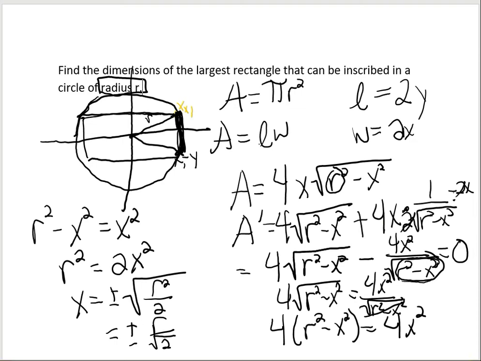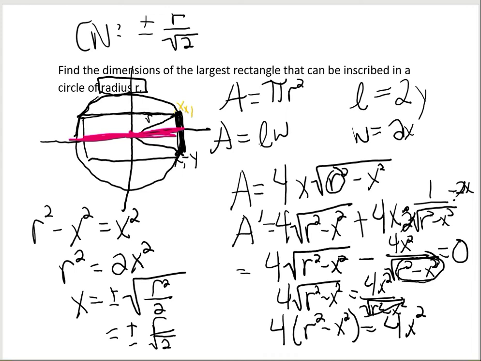Okay, so those are our critical numbers, plus and minus r over square root of 2. But remember how this is constructed: if it's r over square root of 2, let me put it in a different color, this will be r over square root of 2. So the negative r over square root of 2 corresponds to over here.